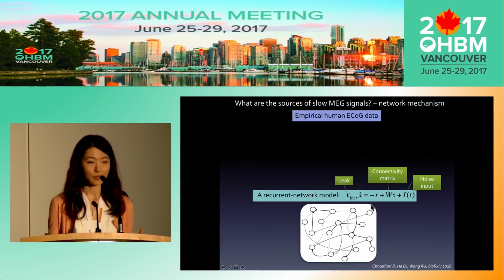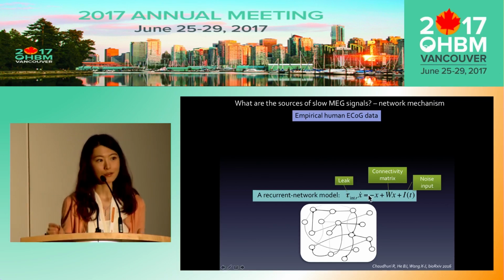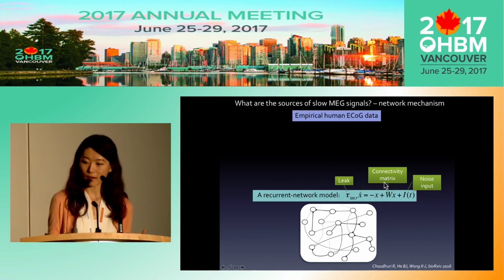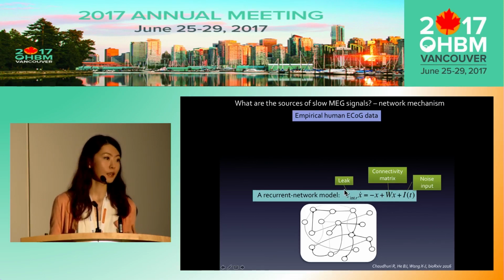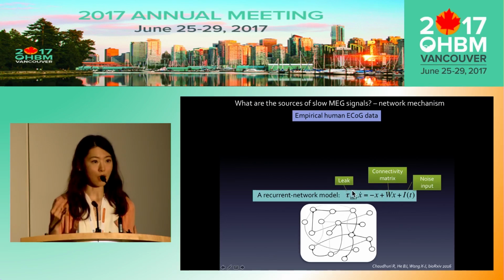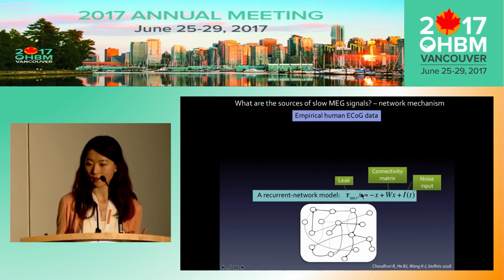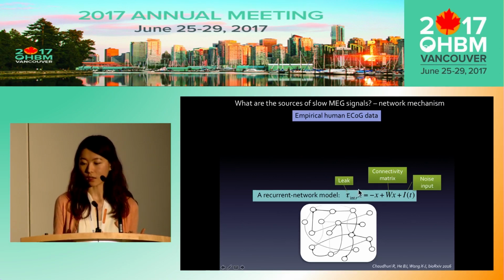Here X is a vector that describes a set of nodes that can be neurons or neuronal groups, and they are recurrently coupled with a random connectivity matrix, W. And each node has a leak term, which is the time scale of the autocorrelation of the activity in each node. This is a very minimal recurrent random connectivity matrix.